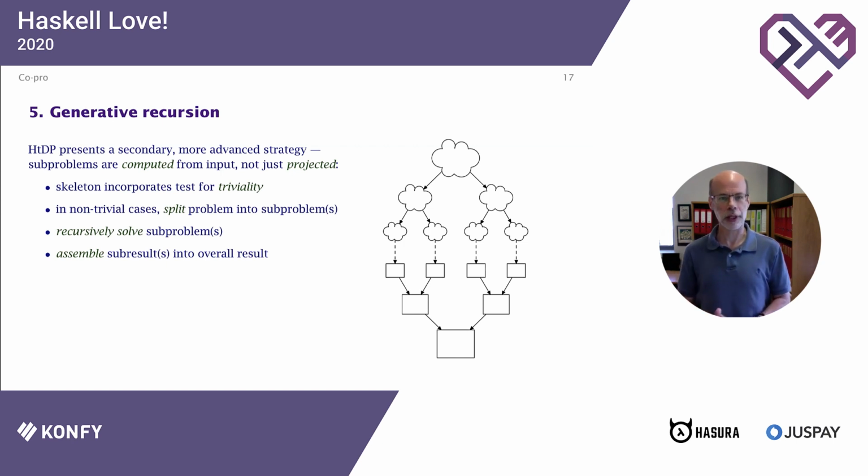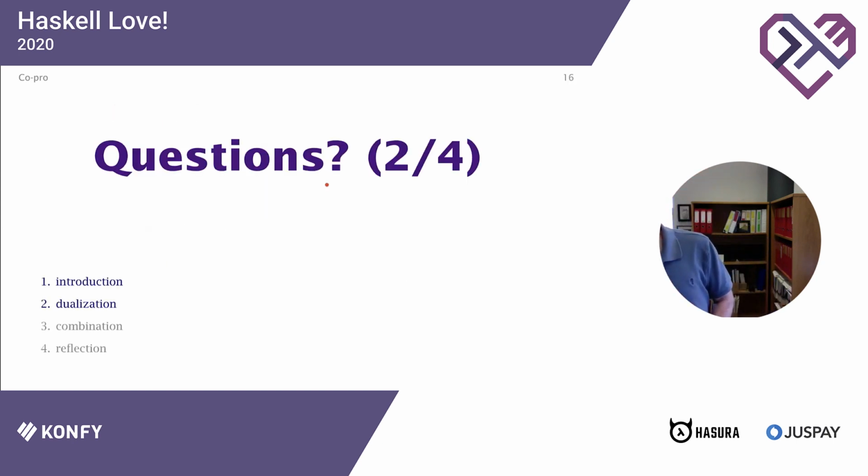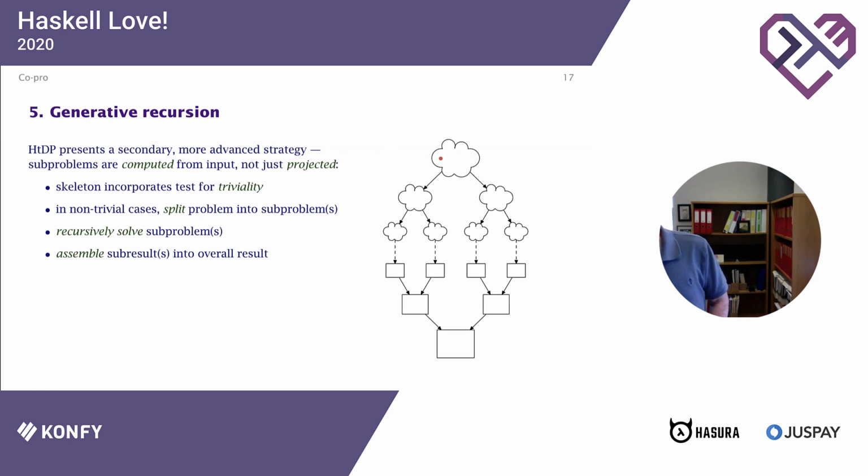So there's a picture on the right-hand side of a non-trivial input, which is split into subproblems, smaller problems, and they're split further into subproblems. At some point, these become trivial, and you can directly turn them into solutions. And then you have to assemble smaller solutions into larger solutions. So solutions to smaller problems into solutions to larger problems. And you keep doing this until you've solved the whole problem.